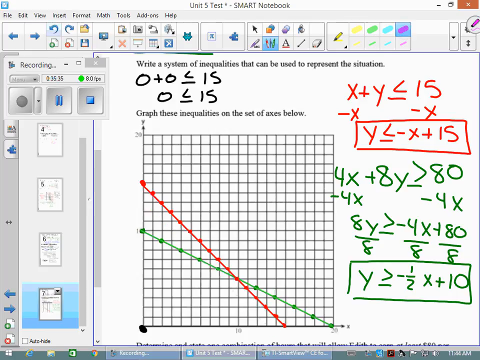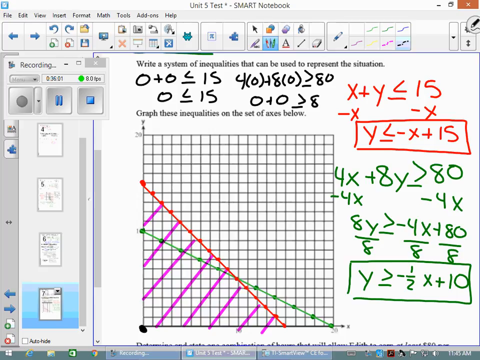So on my second one, let's test this point. Again, into our original, 4 times 0 plus 8 times 0. Is that greater than or equal to 80? So I have 0 plus 0. Is 0 greater than or equal to 80? That is false, so that means I'm not going to include that point.